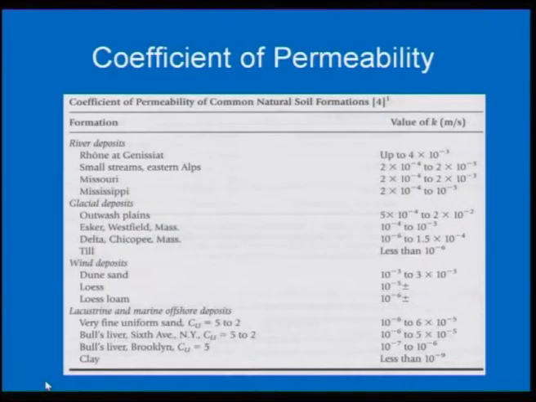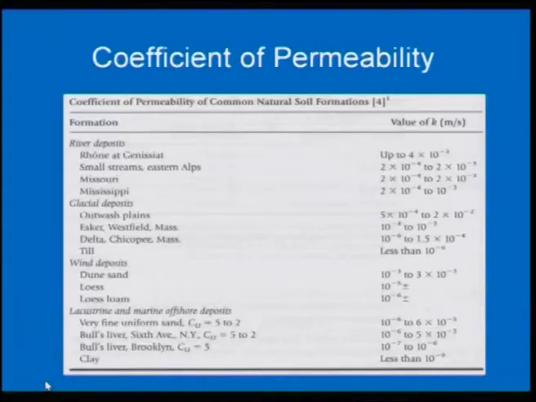Now, coefficient of permeability for common natural soil formations. If you look here, the general range has been given in terms of meter per second. For river deposits, we also have data for Indian sand, but these are data I have taken from some reference, for US soil, United States of America.